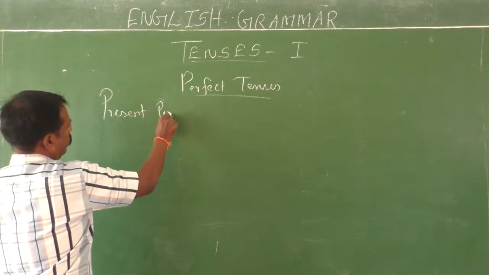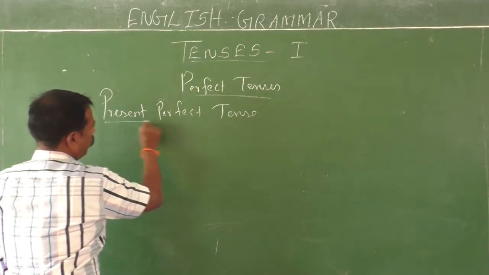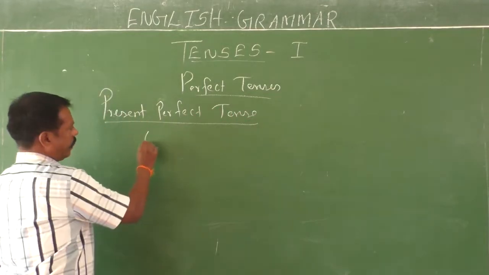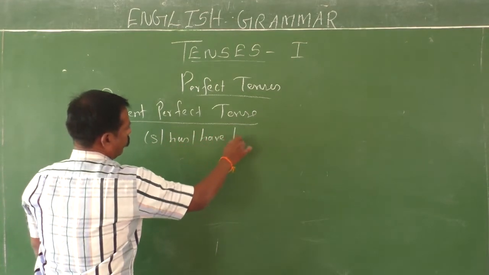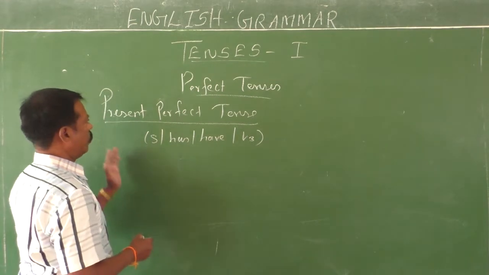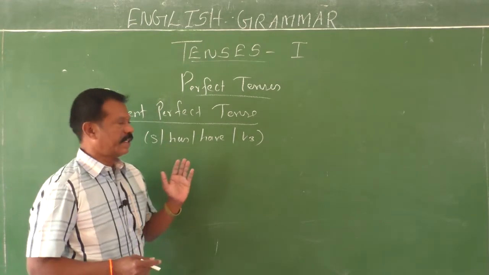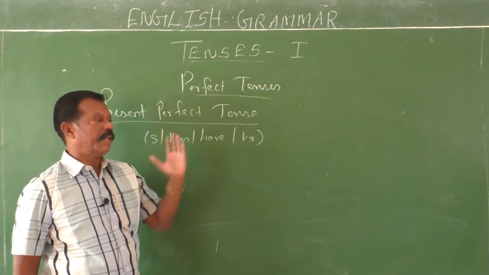Present perfect tense. See, what's the formula for this? Subject plus has/have plus V3, that is the past participle, that should be used. So in all perfect tenses, you have to use only the past participle. Don't forget, keep it in your mind.